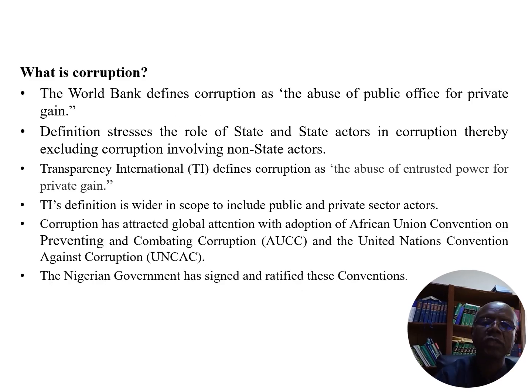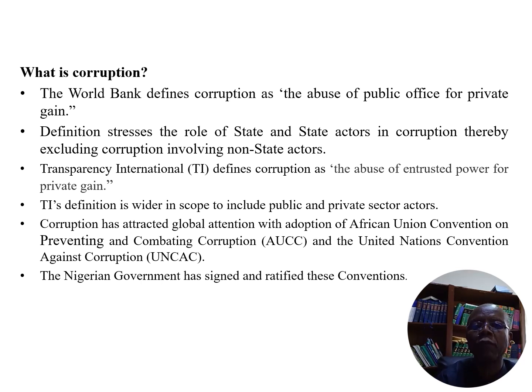We're going to start with what is corruption. The World Bank defines corruption as the abuse of public office for private gain. We can see easily from here that the focus of the World Bank's definition is on public office, or what public officers do in public office.